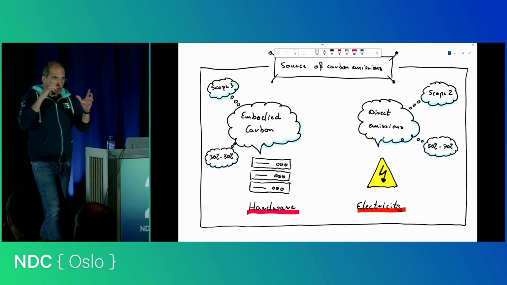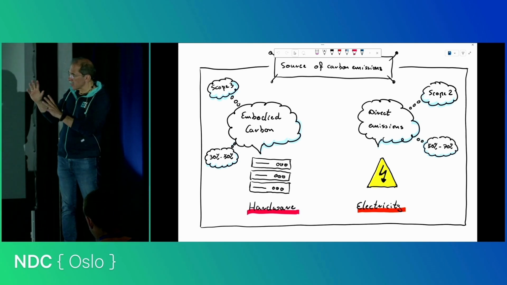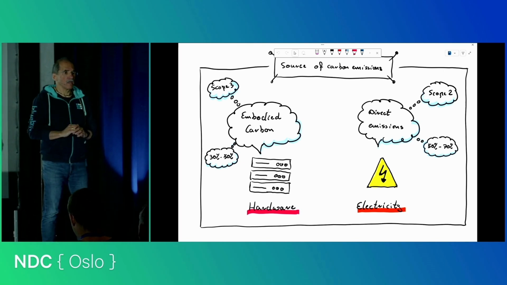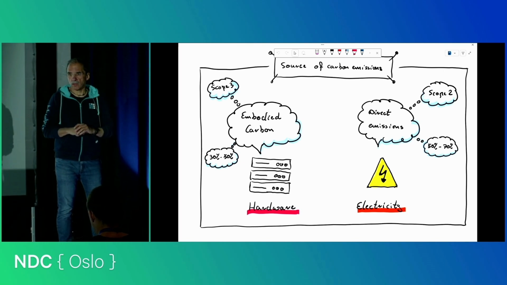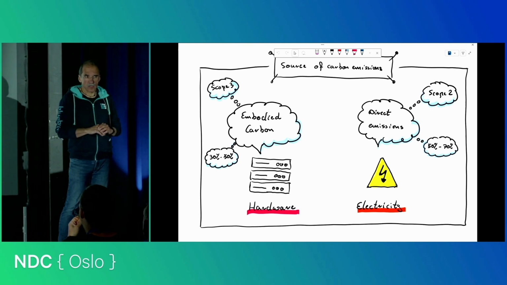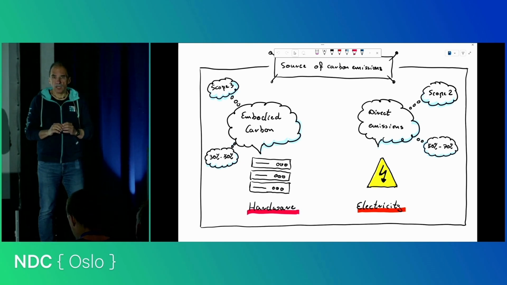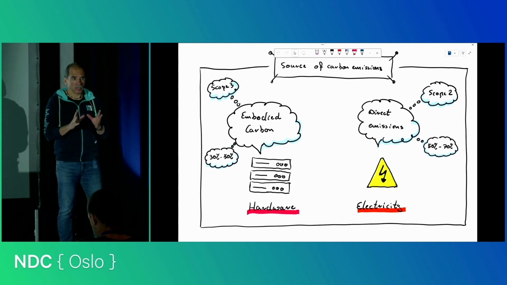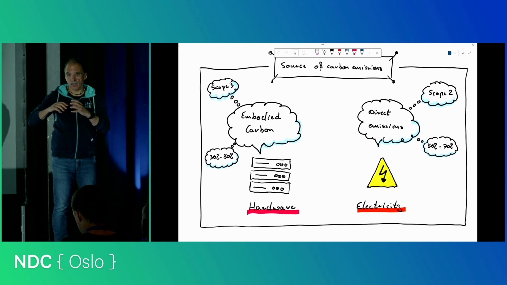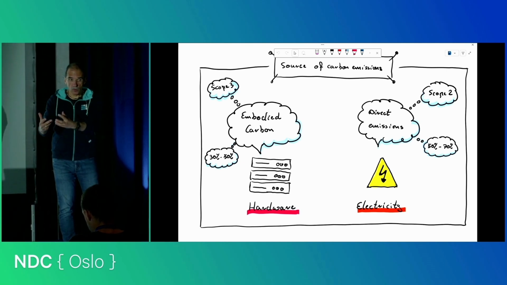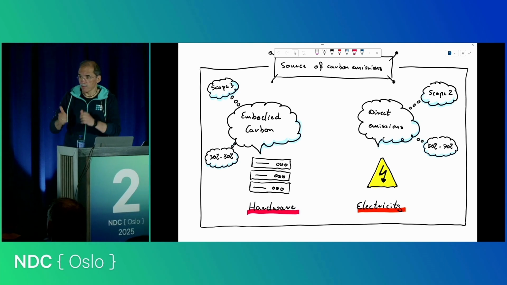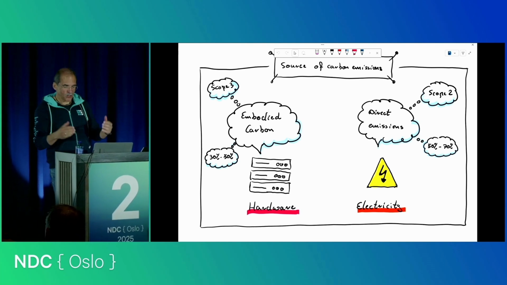The direct emissions are not only the energy, it's more or less the fuels we burn to produce the energy. So you guys in Norway, you're fine. We're in Germany, not so fine.